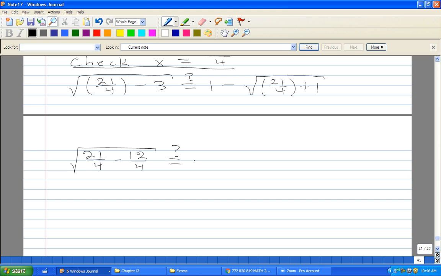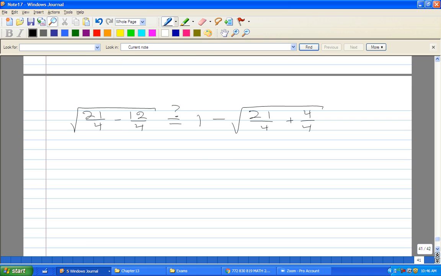Is that equal to 1 minus, again, get a common denominator, 21 over 4 plus 4 over 4. 21 minus 12 is 9 over 4. Is this equal to 1 minus 21 plus 4 is 25 over 4?